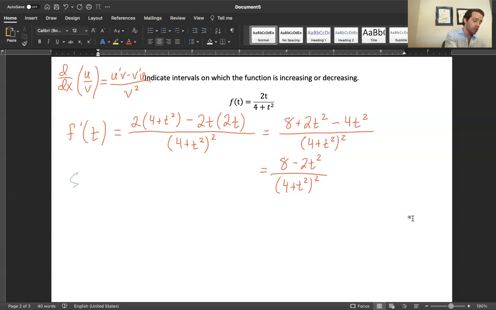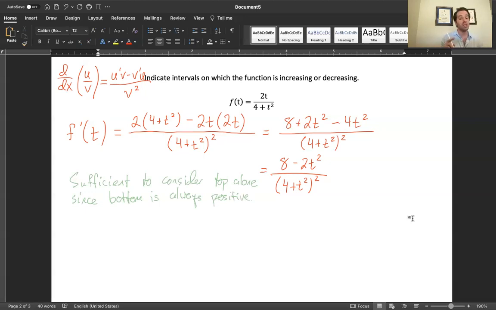Whenever the top is negative, this will be negative. So it's sufficient to consider the top alone, since the bottom is always positive.